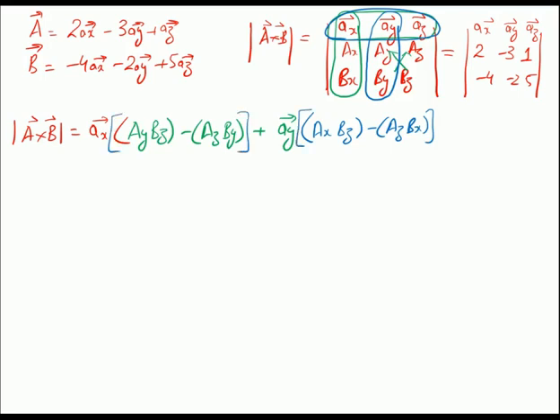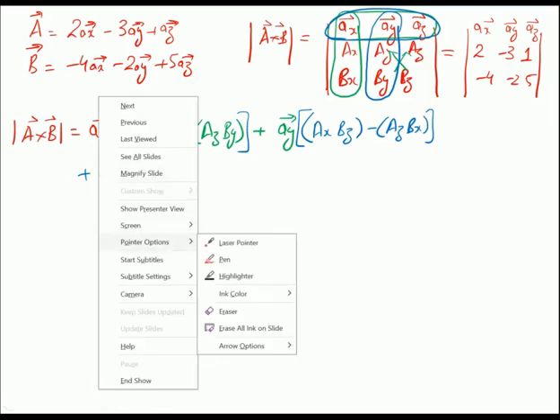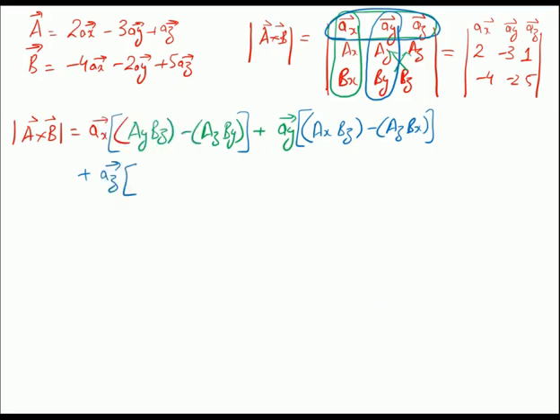We get a minus sign for the middle term and a plus for the third element az. For az, we take the vertical axis of az and the horizontal row for az, so we are left with ax multiplied with by minus ay multiplied with bx.